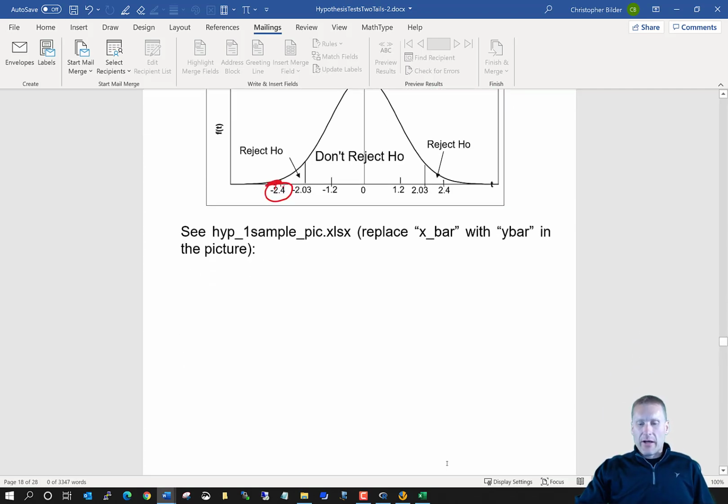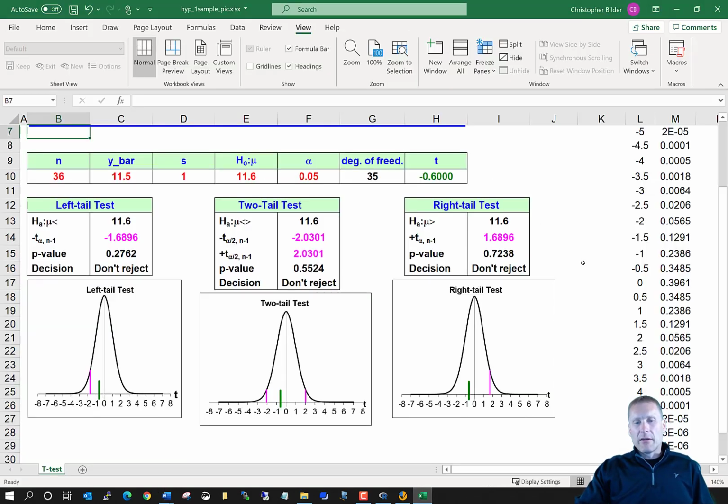Now, to further help you out, I've constructed a nice little Excel spreadsheet, and I want you to investigate this on your own, that allows you to change y bar, and the entire spreadsheet will update itself. For now, just focus on the two-tailed test here, the decision don't reject, and also the plot right below.